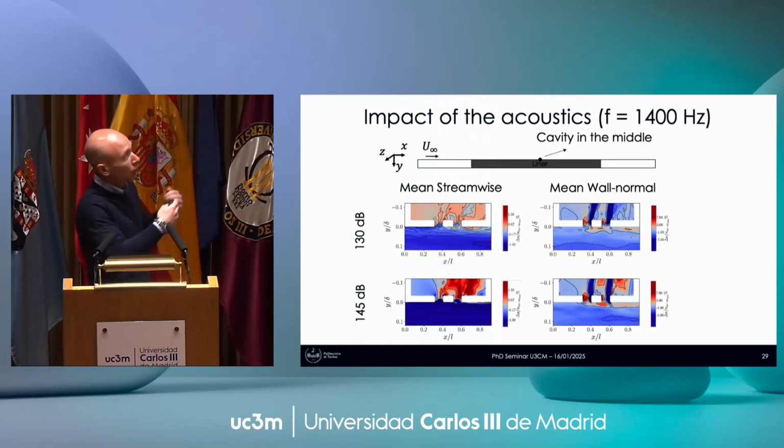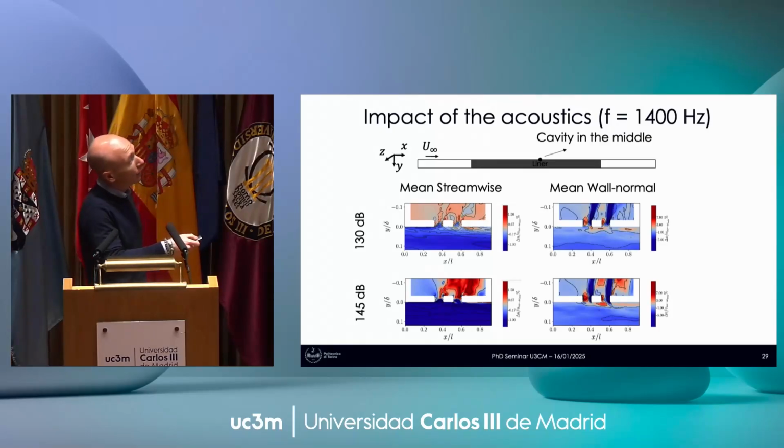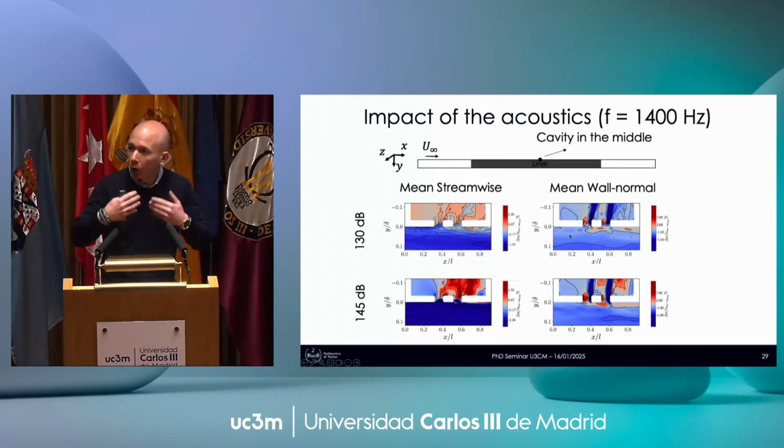They can be large, so let's look at the large variations with respect to the case without. What I see here is that depending on the amplitude of the acoustic source, I am changing the flow field. So the flow is pushed to enter more or less, and in particular, I am increasing the amplitude of the velocity fluctuations because I'm adding a periodic solicitation to the flow that is moving up and down.